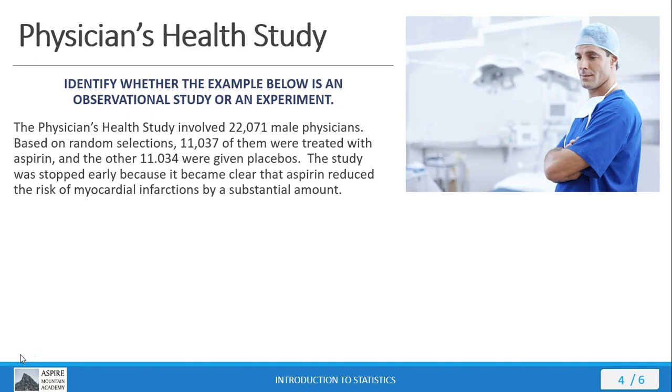Based on random selections, 11,037 of them were treated with aspirin, and the other 11,034 were given placebos. The study was stopped early because it became clear that aspirin reduced the risk of myocardial infarction, or heart attack, by a substantial amount. Is this an observational study or an experiment?